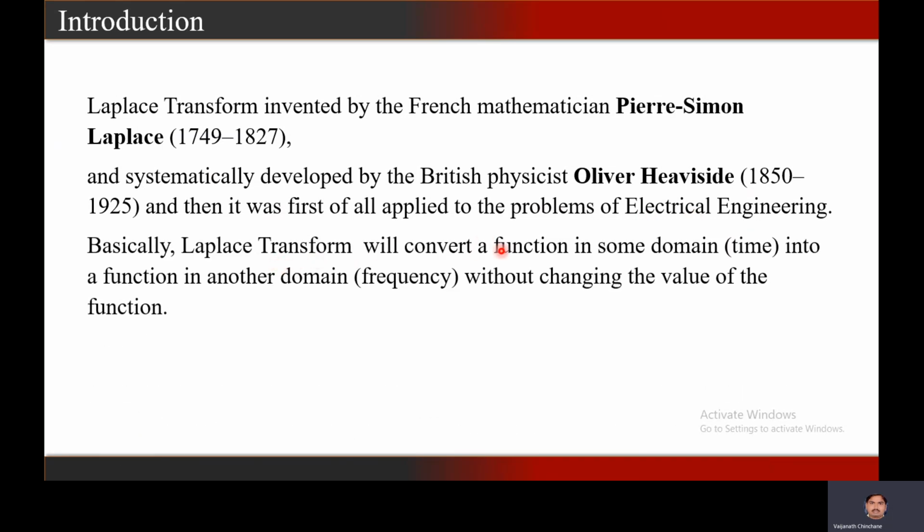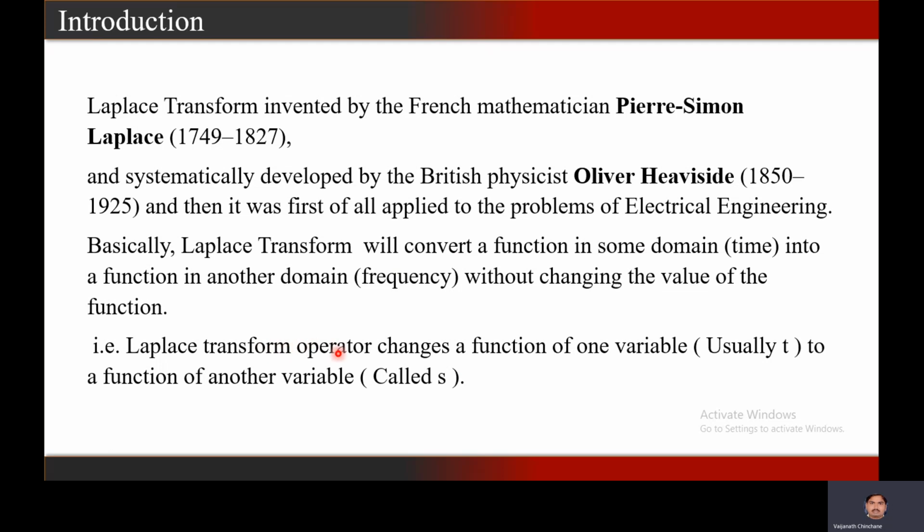Basically, Laplace transform will convert one function in some domain into a function in another domain without changing the value of the function. That is, the Laplace transform operator changes a function in one variable, usually denoted by t, to a function of another variable, which will be denoted by s.